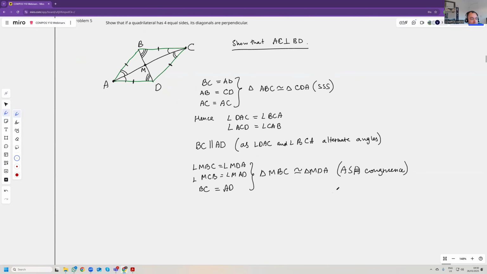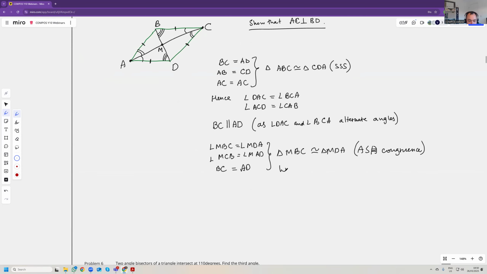And now, because of that, hence BM must equal MD. All right. And that means that CM is the median of triangle BCD.